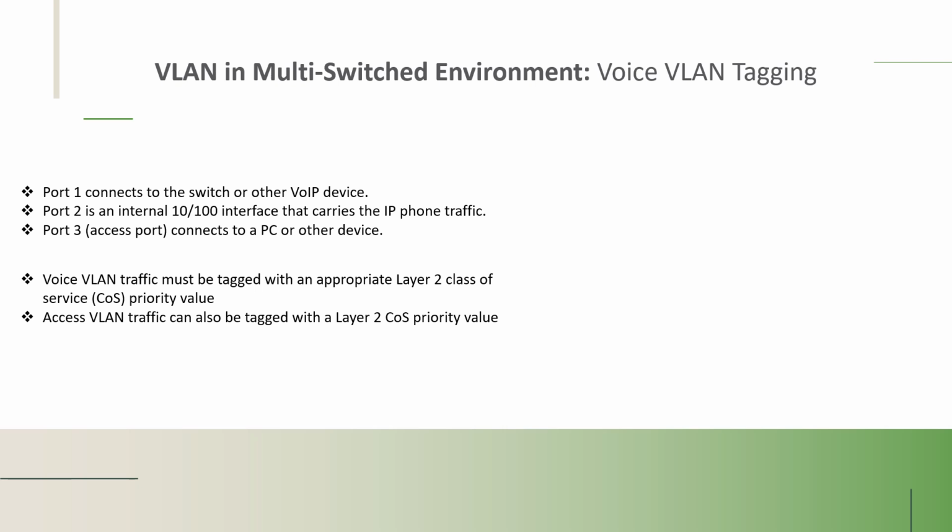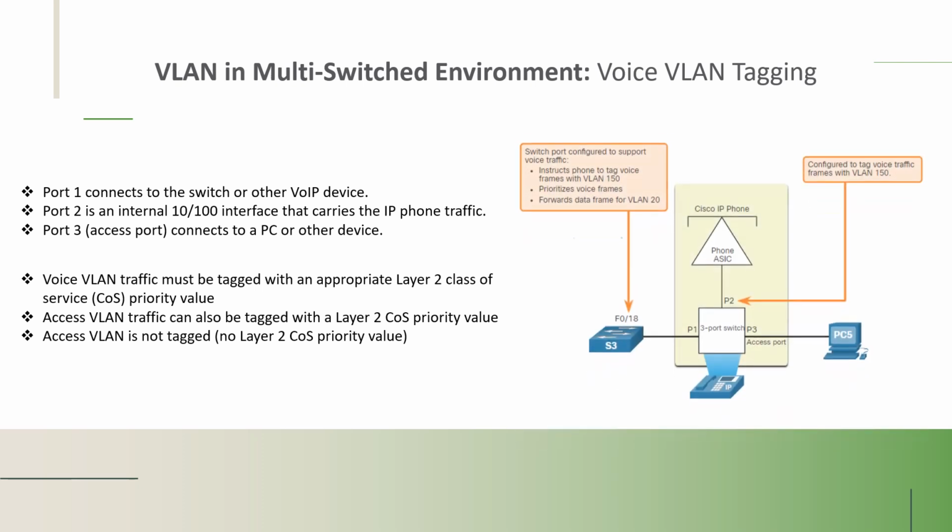Access VLAN traffic can also be tagged with a layer 2 class of service priority value, or the access VLAN traffic is not tagged, which means that there is no layer 2 class of service priority value.